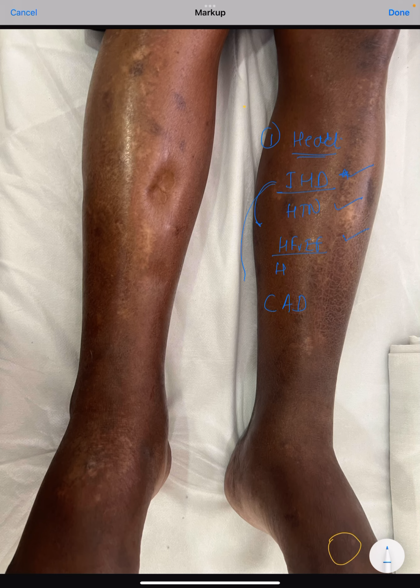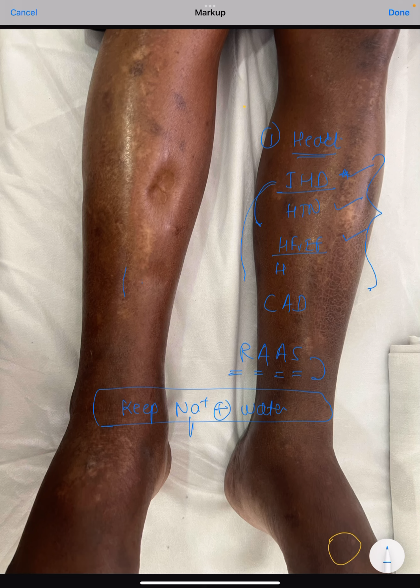They have a very bad RAS system, that is the renin angiotensin aldosterone system. What this does is they unnecessarily keep sodium and water in the body. So because of this, the body has more tendency of retaining sodium and water.